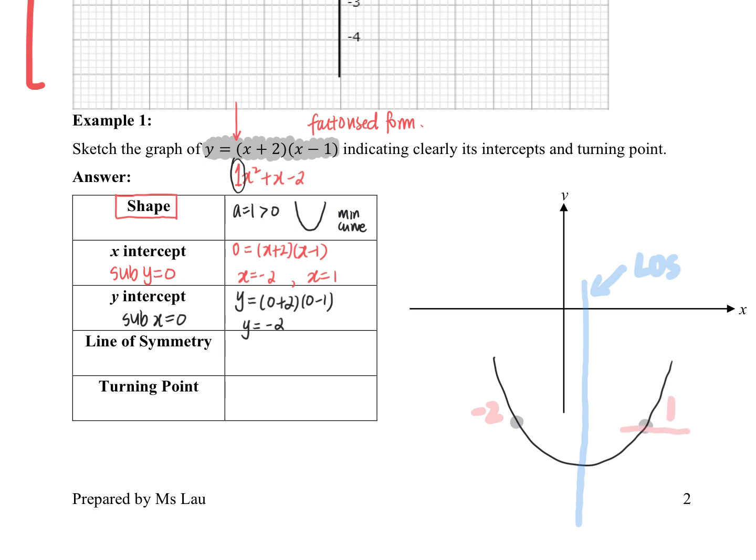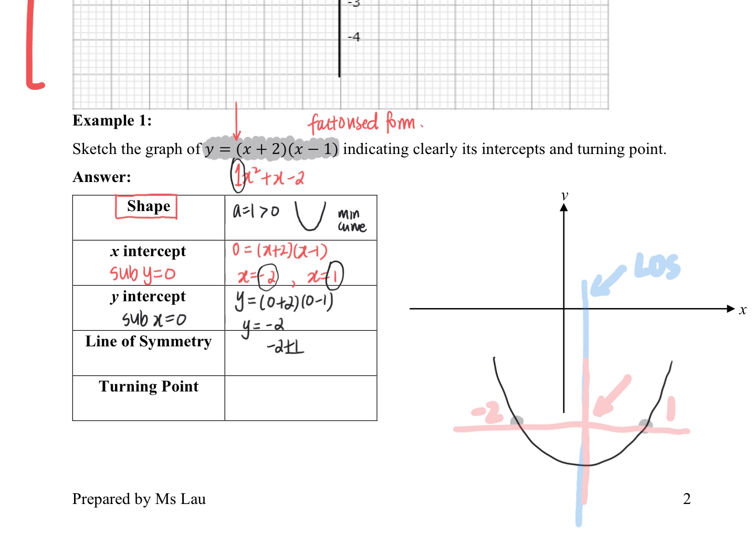So how do you find the mid value? Do you all remember the formula to find midpoint? Like last time when you learned fractions, how do you half it? Do you all remember where at Sec 1, you have two fractions? How do you find the mid value between two fractions? You add the two of them up, divide by 2. So it's the same thing here. You add the two x-intercepts, right?